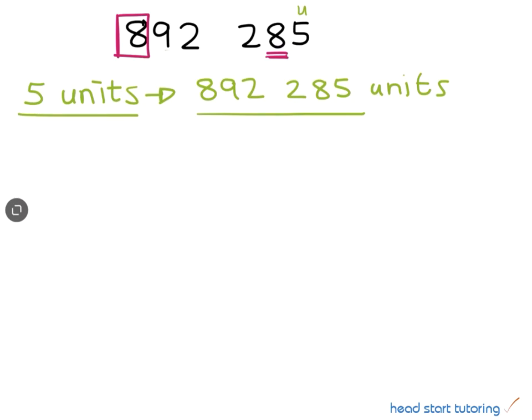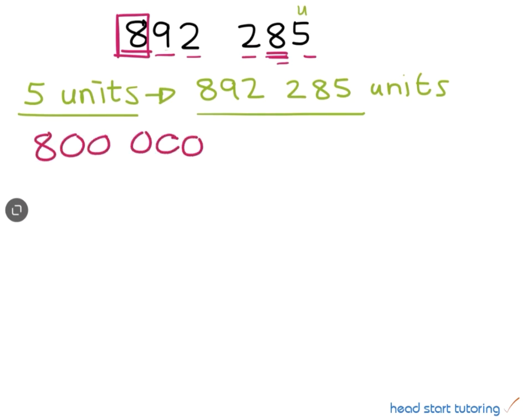All right. A different question that they could ask is, what is the difference between the value of the 8 on the left and the value of the 8 on the right? So the value of the 8 on our left is 800,000.